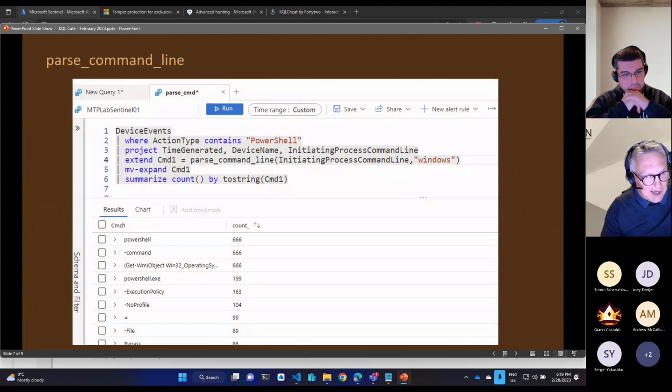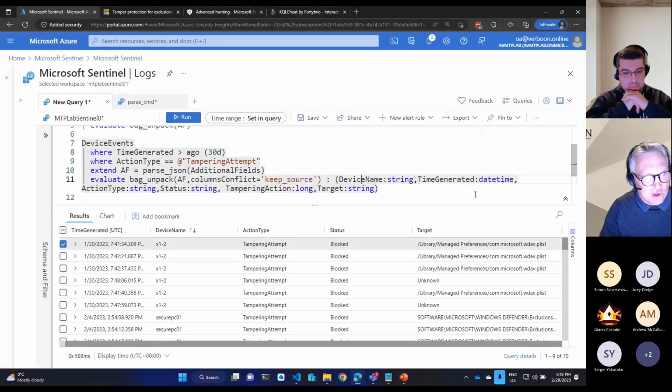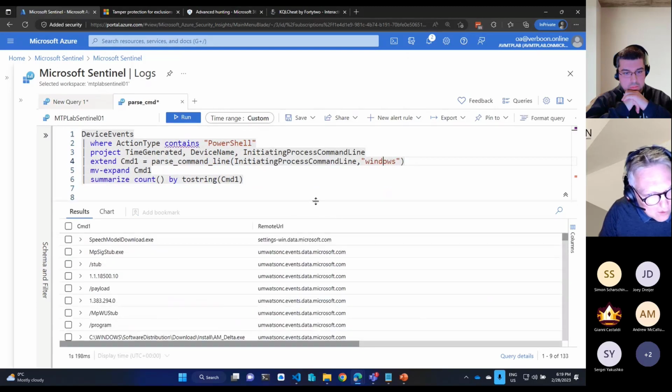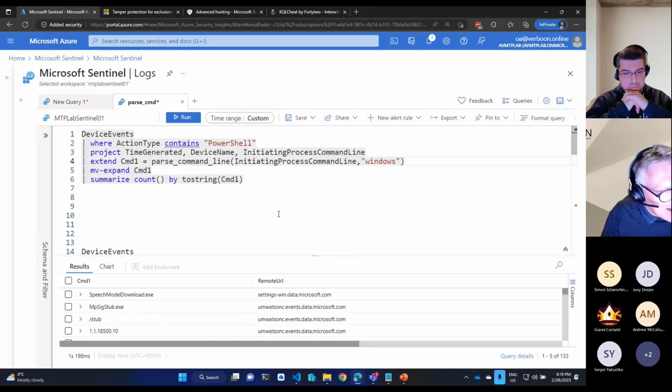The next one, as mentioned, is the parse command line, which I also find an interesting one. Of course, if you're looking for something you already know, why would you do the whole hassle with that?